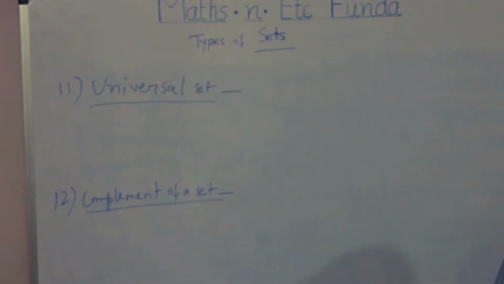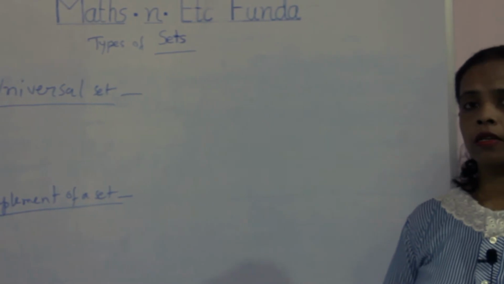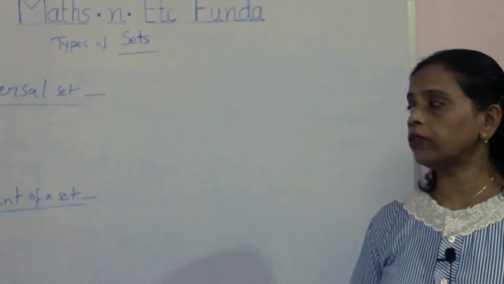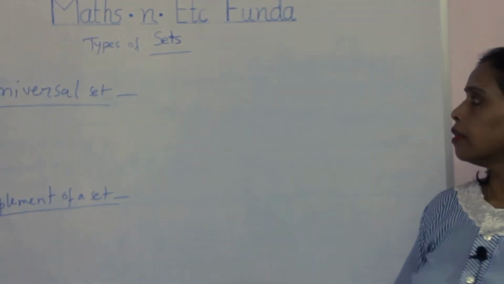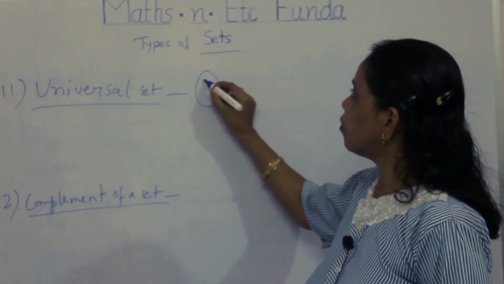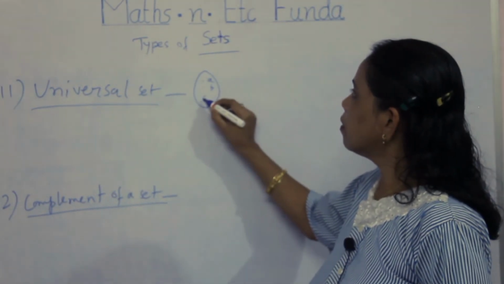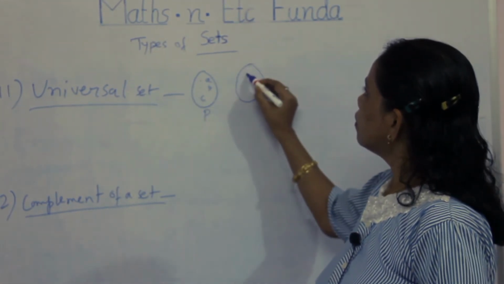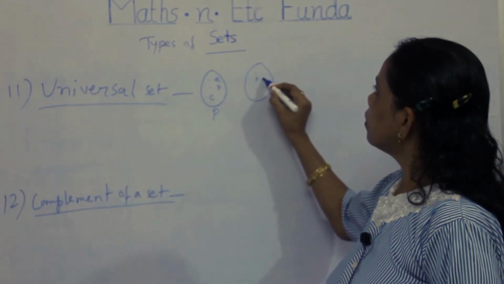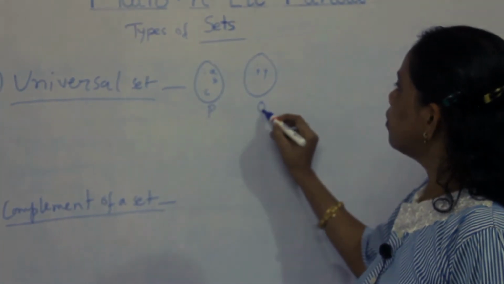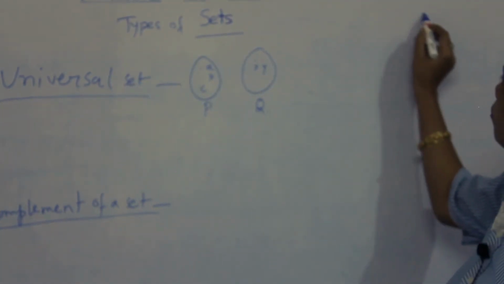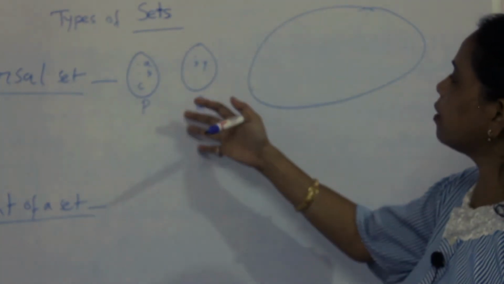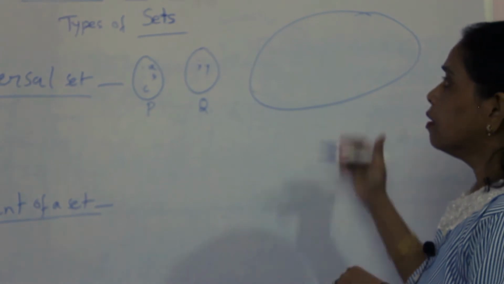In a particular discussion, if all sets are subsets of a particular set, that particular set is called the universal set. So what is that? Suppose A is a set. It contains elements A, B, C. This is set P. Another set, this is XY, this is called Q. Suppose a big set is here which contains all the elements of P and Q and other elements are there.